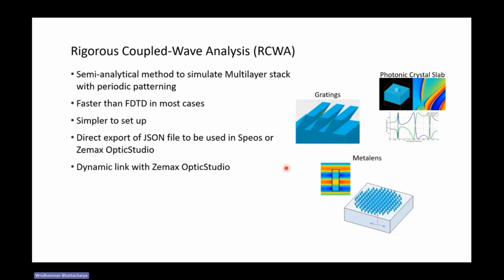Okay, so continuing with the RCWA, it is faster than FDTD in most cases, and it's pretty simple to set up. RCWA also directly exports the files which are used in Zemax OpticStudio. I have a slide showing how it gets interfaced to Zemax OpticStudio.